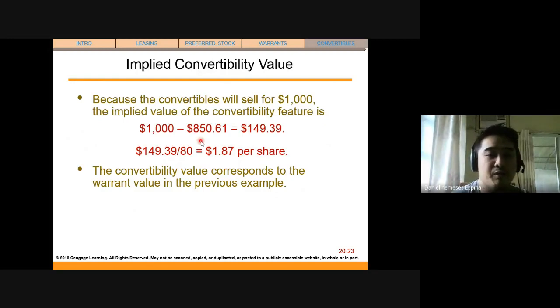We get it by deducting the value of those bonds from 1,000. Because that can be converted into 80 shares, the convertibility value per share is 1.87. So the convertibility value corresponds to the warrant value in the previous example.